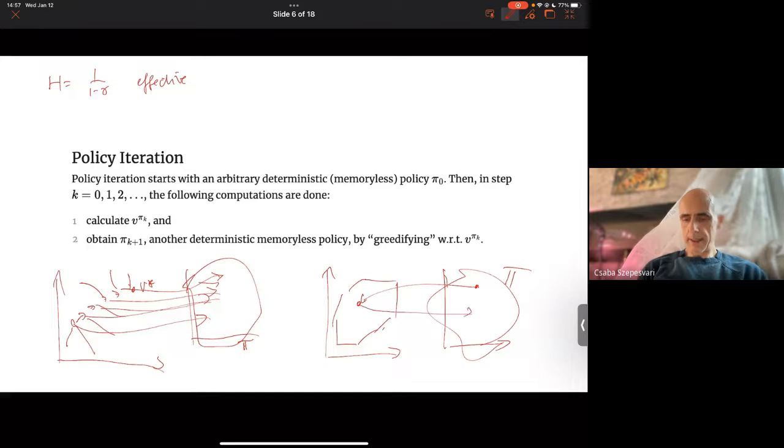You jump back, and then jump to the value space by evaluating the policy, and then greedify, jump back. And it turns out that this process is also improving at the geometric rate. That's very easy to see. It cannot be slower than value iteration. This is the whole process.